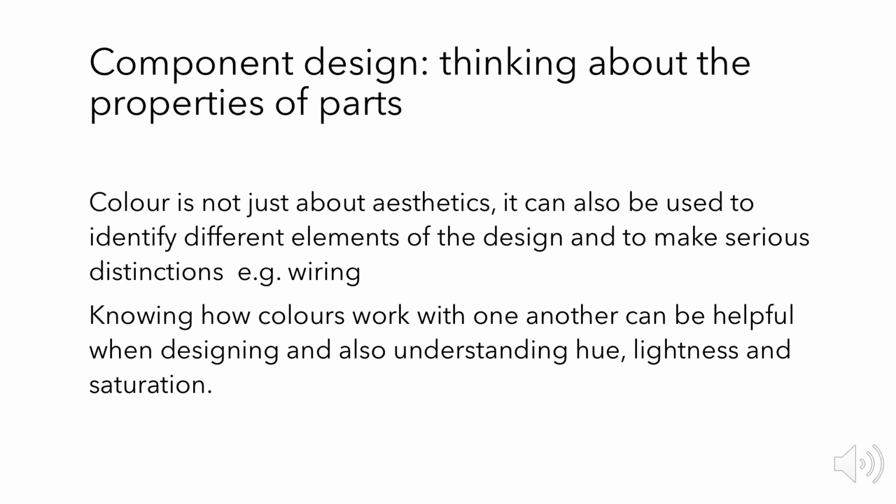You don't want to make one part that is less important stand out more than another, and yet by putting two colours together, that could potentially happen. So in the book you'll see there's information about various aspects of colour, such as hue, lightness and saturation, and it's a really important aspect to think about, not just in terms of how nice the thing's going to be at the end of the day.